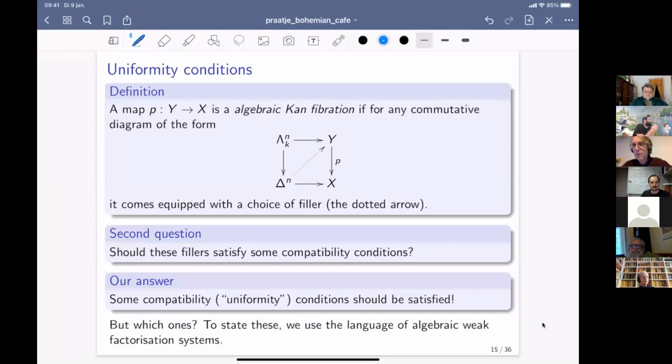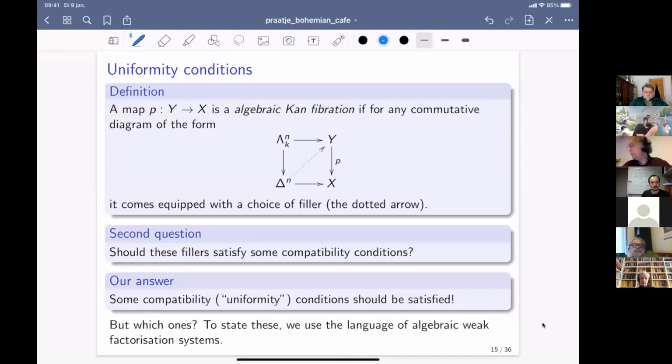So what I want to present for the experts in the audience is my favorite definition of these effective configurations, which I think is the most pretty. To state this definition, I will use the language of algebraic refactorization systems.